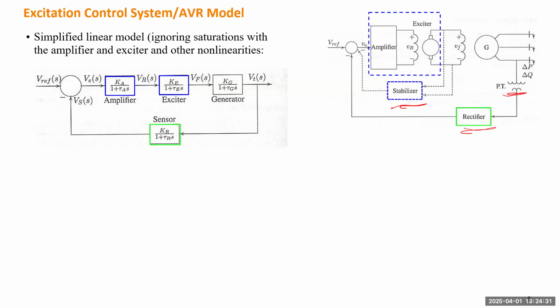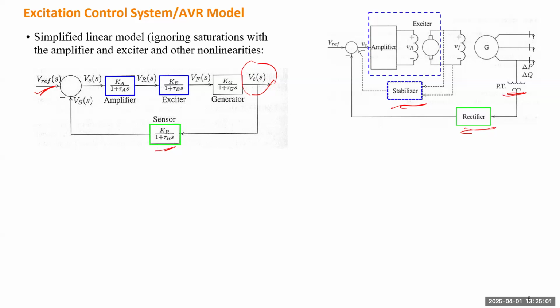So if we model this control system, we have a reference voltage. This reference voltage is what we expect the terminal voltage to be. The sensor measures the terminal voltage and gives it back to be compared with the reference.